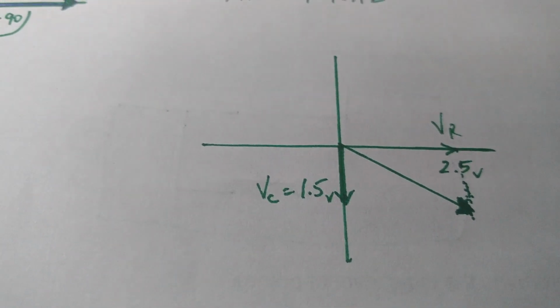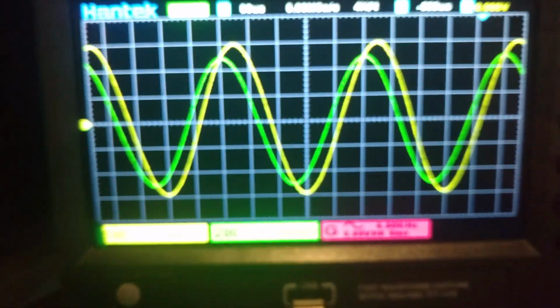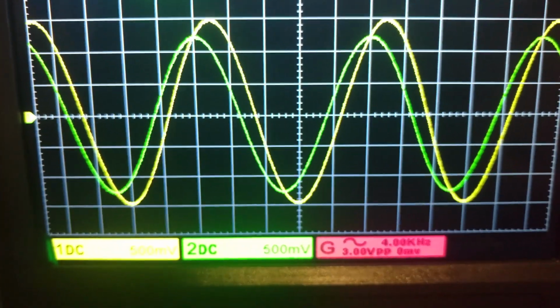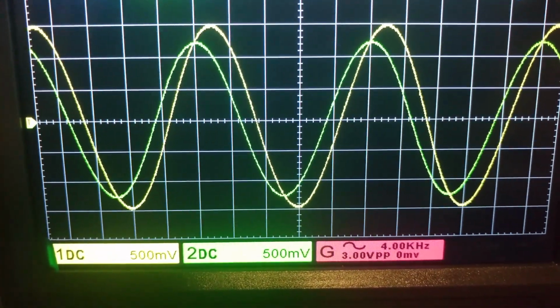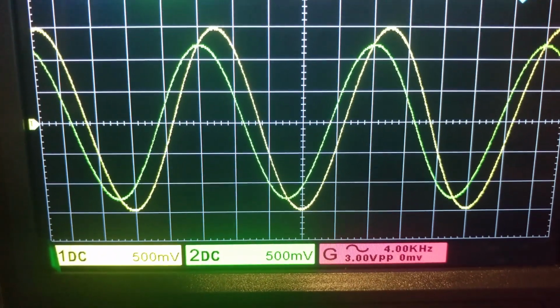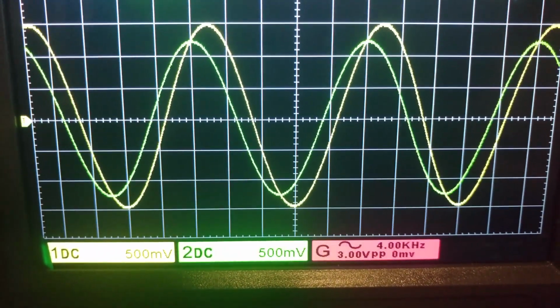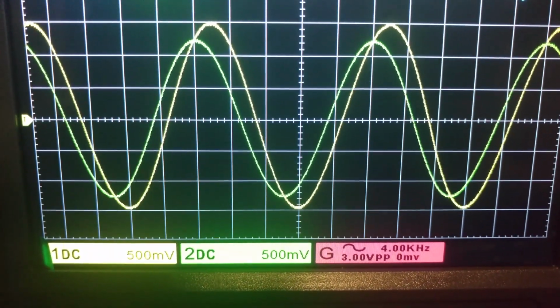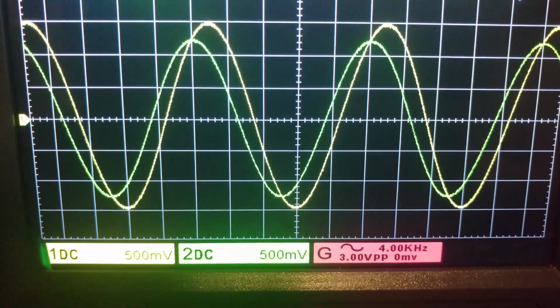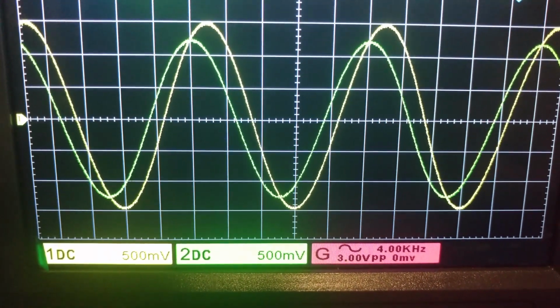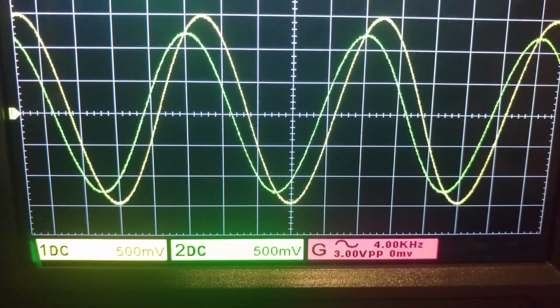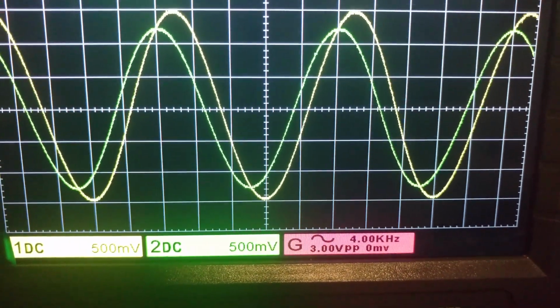So how can we do that on the oscilloscope? Well, if you take a close look here, notice the green line leads the yellow line. So the voltage across the resistor leads the resultant vector, and it's a little more than 2 small divisions. I'm going to call it 2.1 divisions.